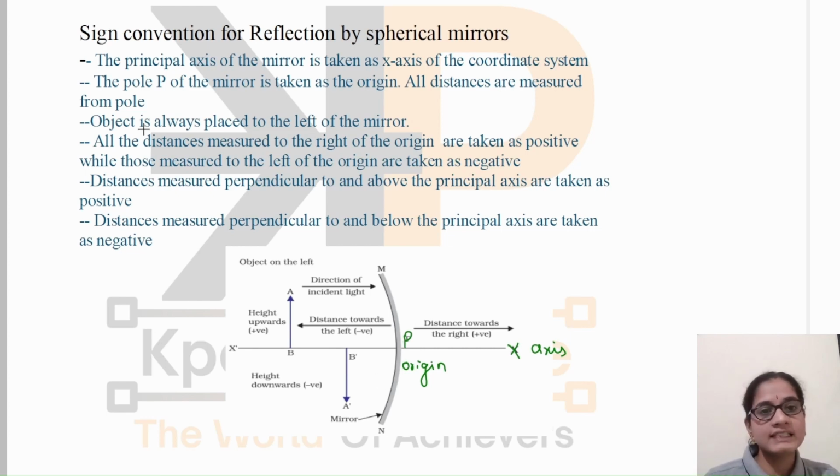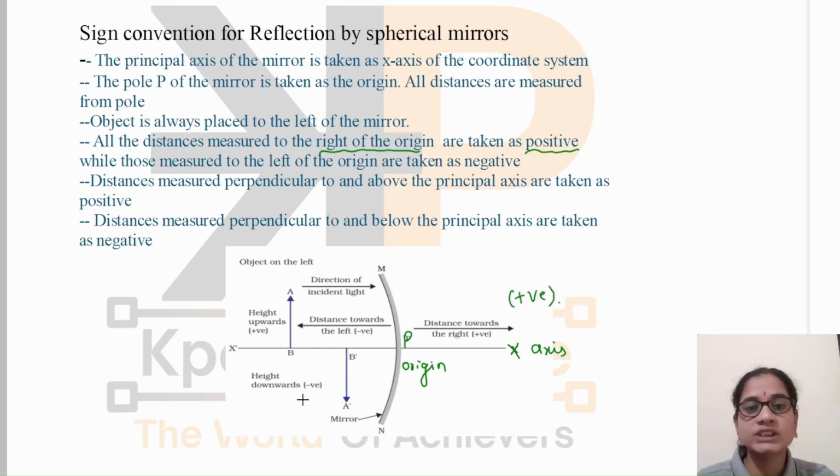Next, the object is always placed to the left of the mirror. For our convenience, the object is always placed at the left side of the pole. All the distances measured to the right of the origin, the pole, are taken as positive.